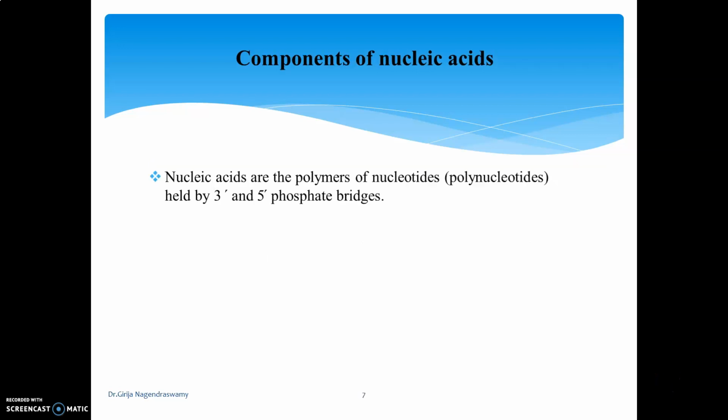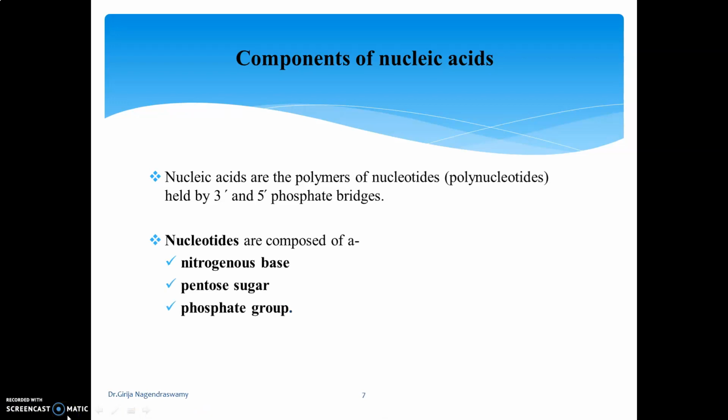Components of nucleic acids. Nucleic acids are the polymers of nucleotides held by 3' and 5' phosphate bridges. Nucleotides are composed of a nitrogenous base, pentose sugar, and phosphate group.